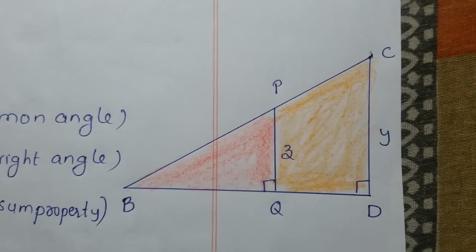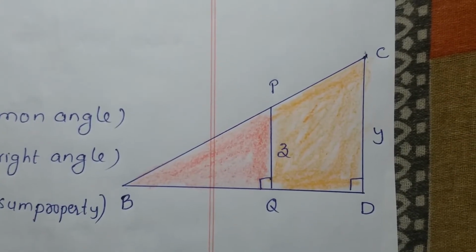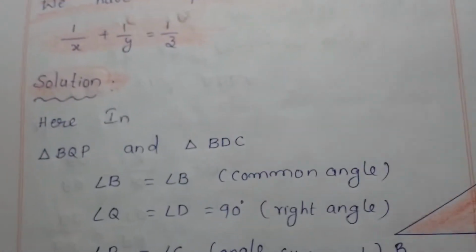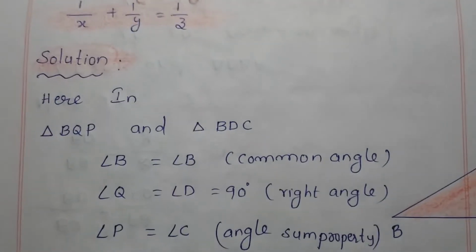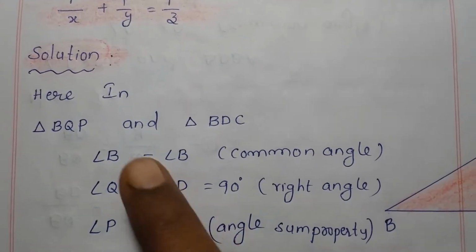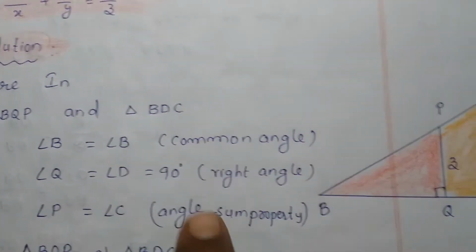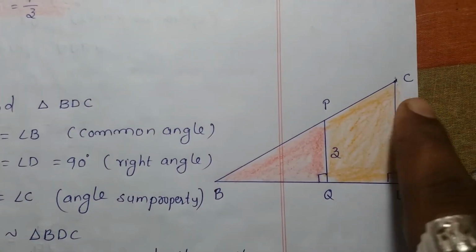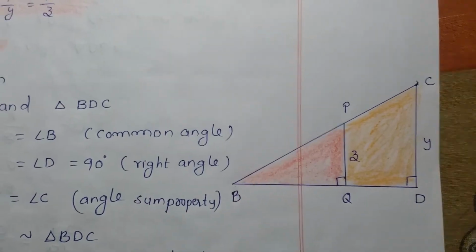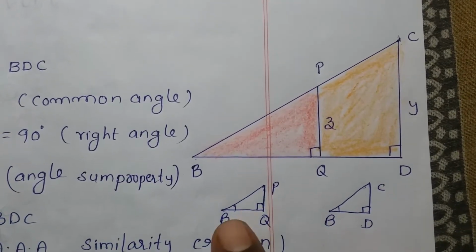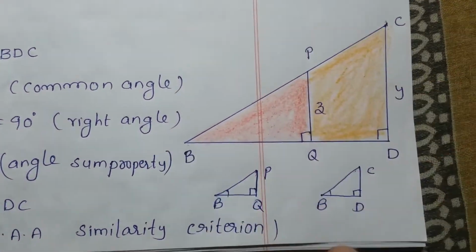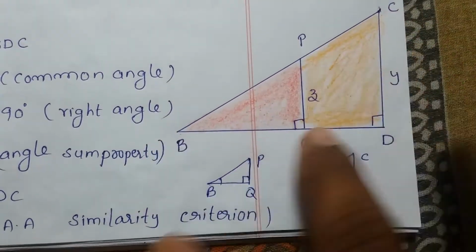So first we will see the similarities in both the triangles. So here in triangle BQP and triangle BDC, first B is common for both. So BQP is this small triangle, and BDC is the big triangle.